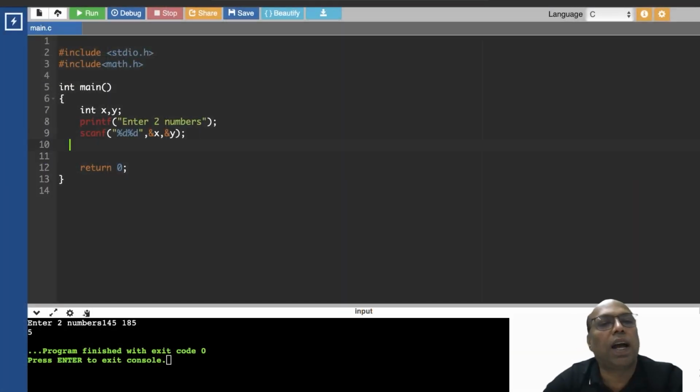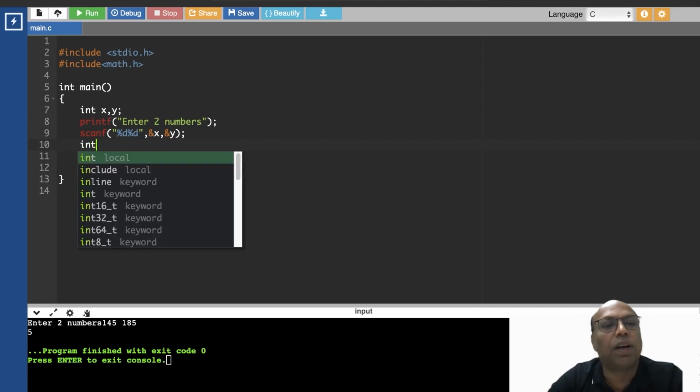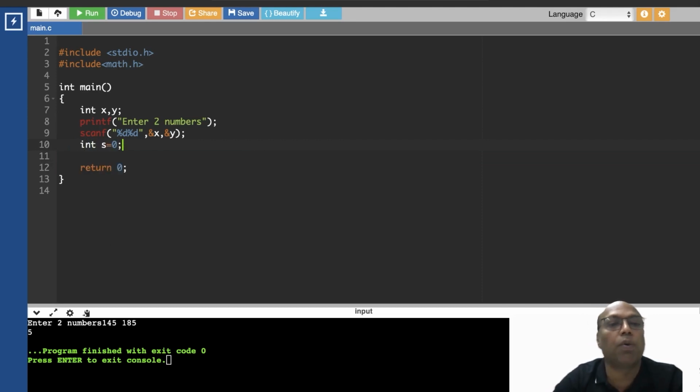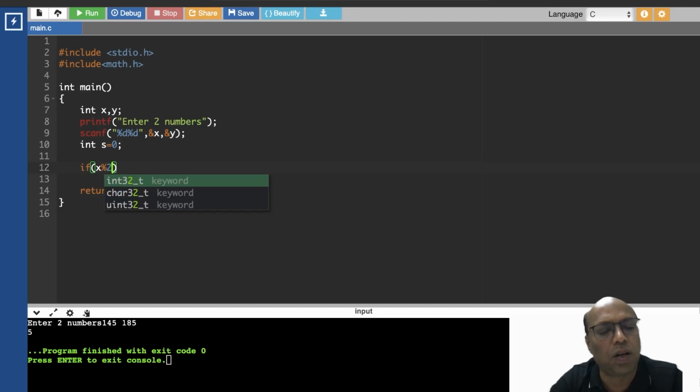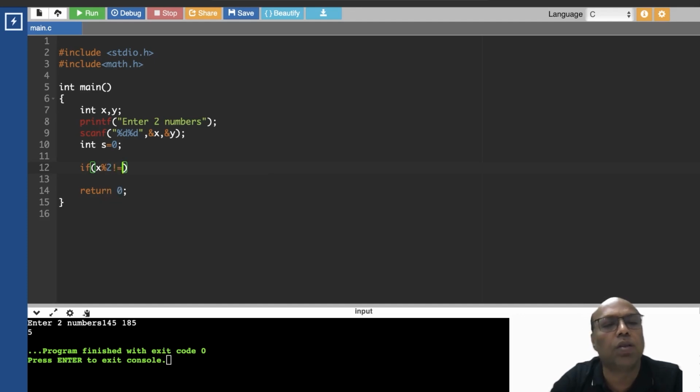So I have two numbers, and I need to find the summation. Why? Because I keep on adding. What did I say? If the x is odd, how do we know x is odd? x modulus 2 is not equal to 0. What did I do? I added the y value in my brain, right?